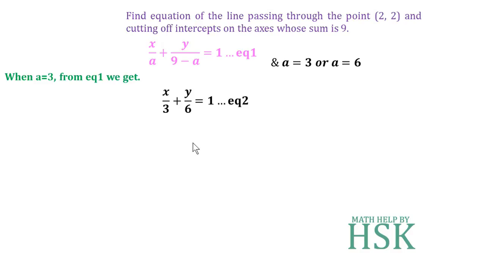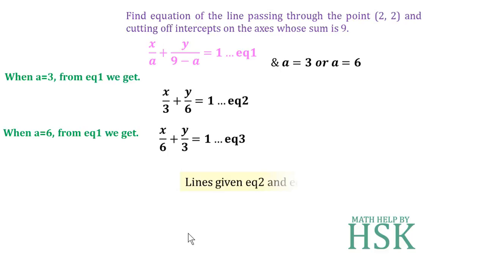So this is one of the equations of the line, and when a = 6, from equation number 1 we get x/6 + y/3 = 1. So the lines given by equation number 2 and equation number 3 are the required lines according to the given condition, and this is our required answer.